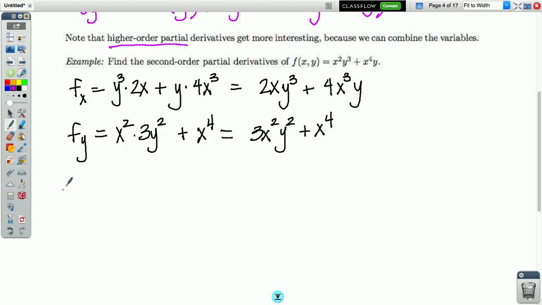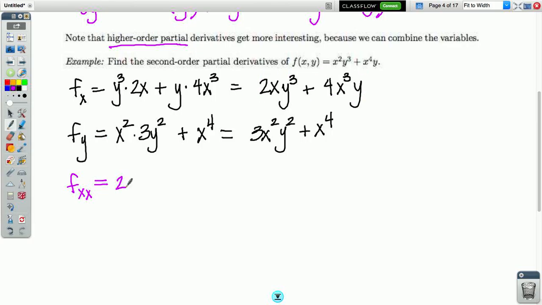Things get a little bit more interesting when I differentiate again, and notation also gets a little bit weird at this point, but I'm going to keep it as simple as possible. So I'm going to take my first order partial with respect to x, and I'm going to differentiate it with respect to x again. So this is my second order partial derivative both times with respect to x. So now I'm differentiating this that I already found with respect to x.